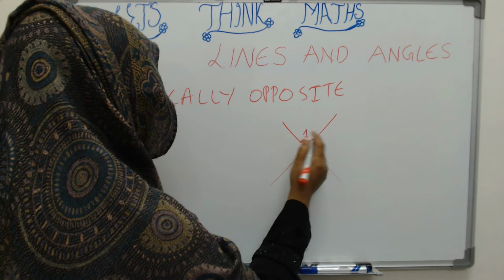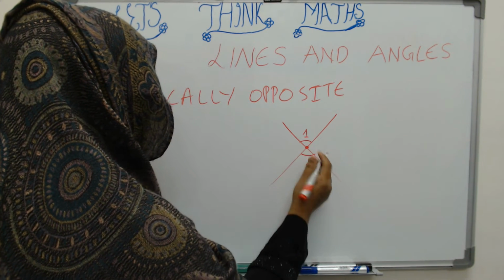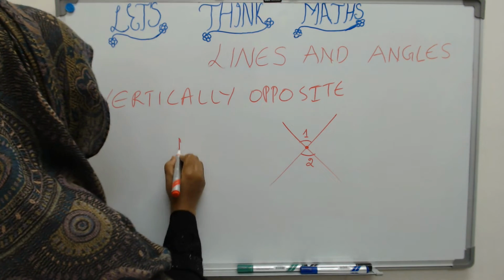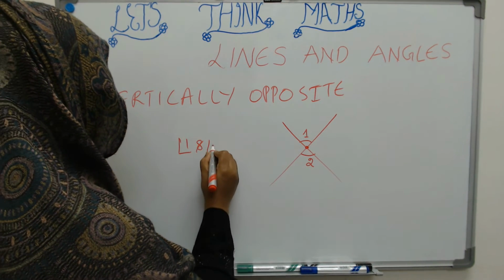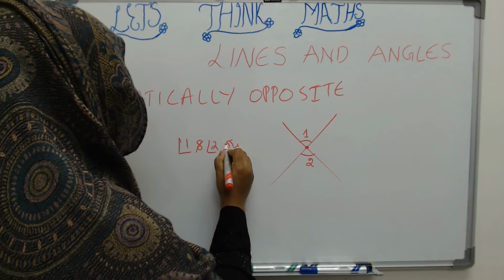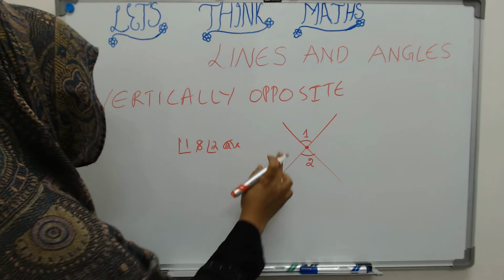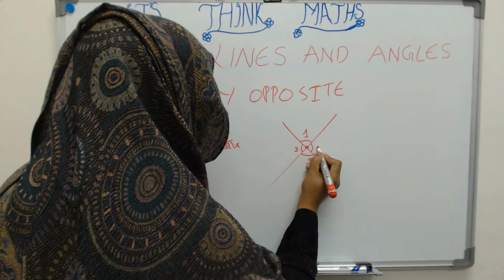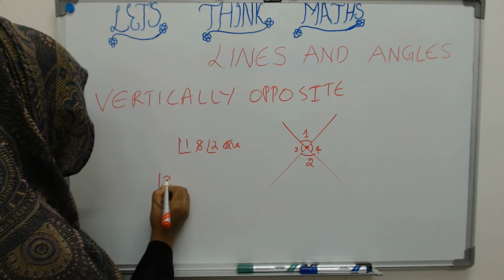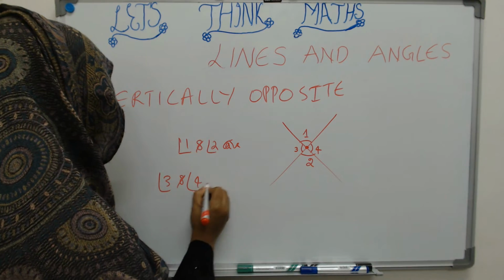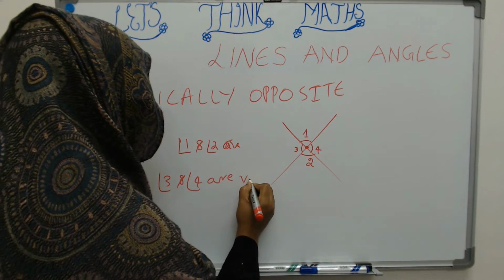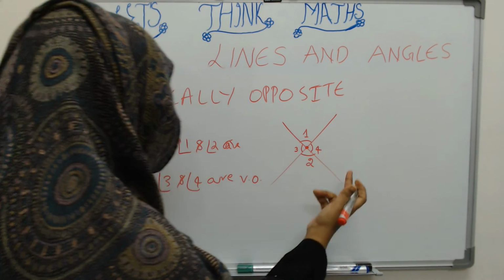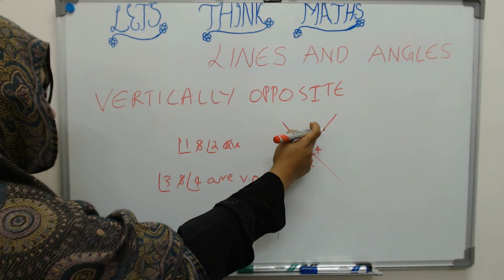Suppose this angle is angle 1 and this angle is angle 2, then angle 1 and angle 2 are said to be vertically opposite. What about these two? Suppose this is 3 and this is 4, then angle 3 and angle 4 are vertically opposite to each other, right?